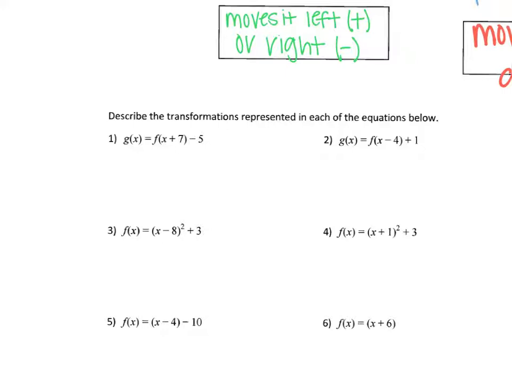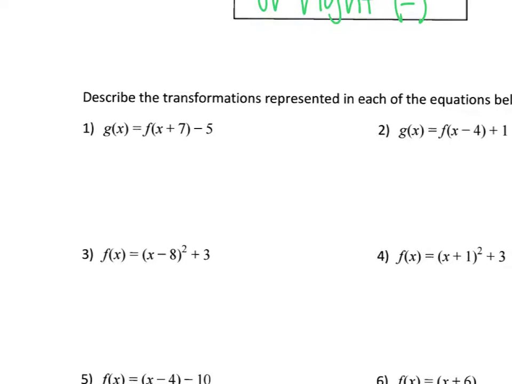It says, describe the transformations represented in each of the equations below. So let's look here. I've got this plus 7. Inside the parentheses tells me to either move left or right, and outside the parentheses tells me to either move up or down.